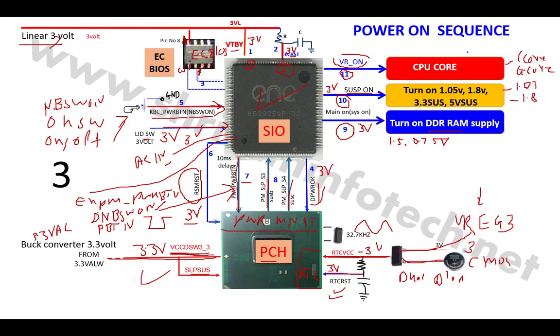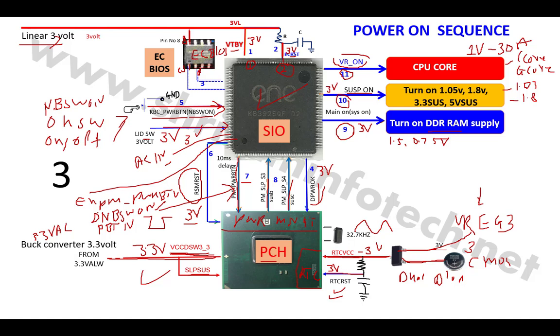So the CPU core voltage will be generated, and the CPU core voltage will be approximately 1 volt, because in the CPU core there is a considerable current. The CPU current required is approximately 30 ampere. The new generation requires lesser current, the older generation laptop requires a high current.